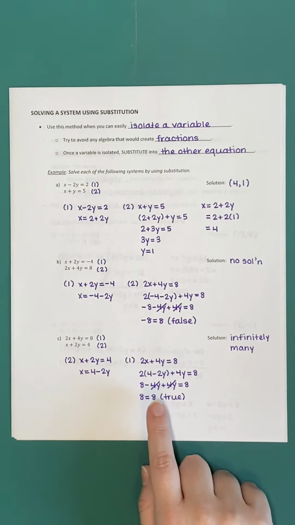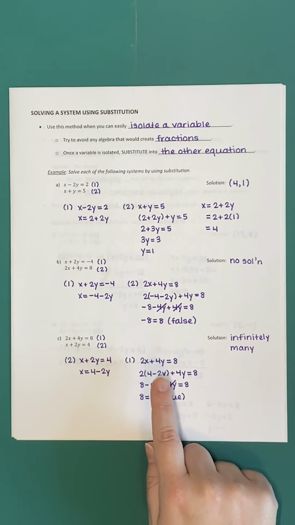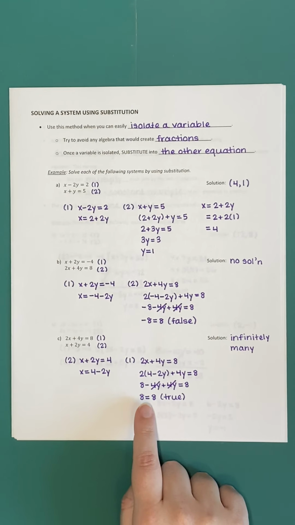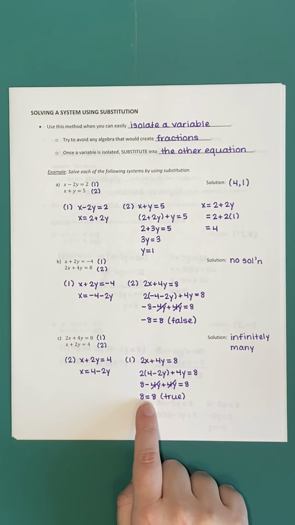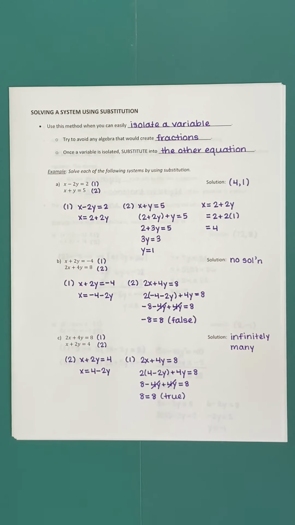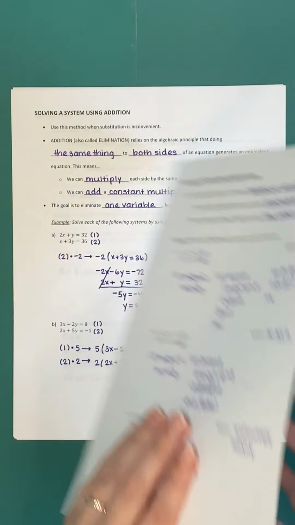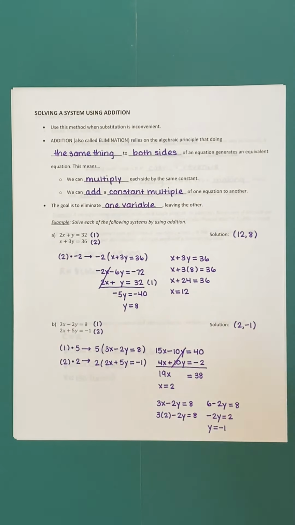Same thing for the infinitely many case. We did our substitution, the result was elimination of both variables, but we had an equation that was just true. So once we have an equation that's true, but we still can't solve for any variables because they've both been eliminated, that's our indication that there's infinitely many. Same thing here with the addition technique.